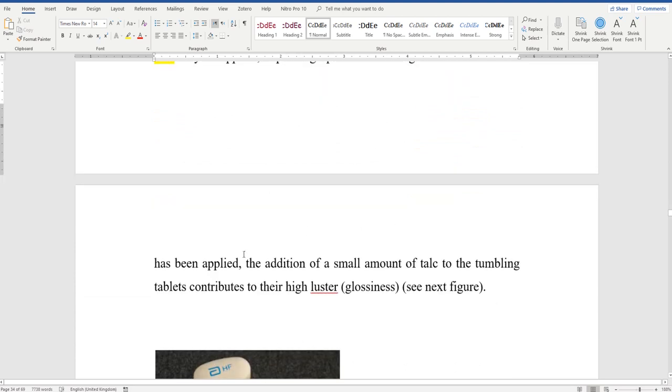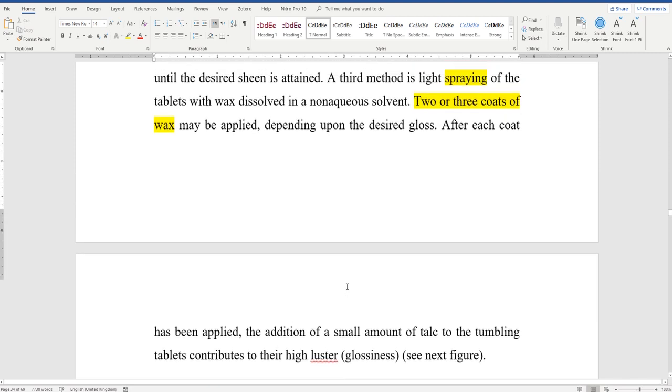Sometimes they add a small amount of talc during tumbling to contribute to its glossiness. The talc will also contribute to the glossiness of the tablets.